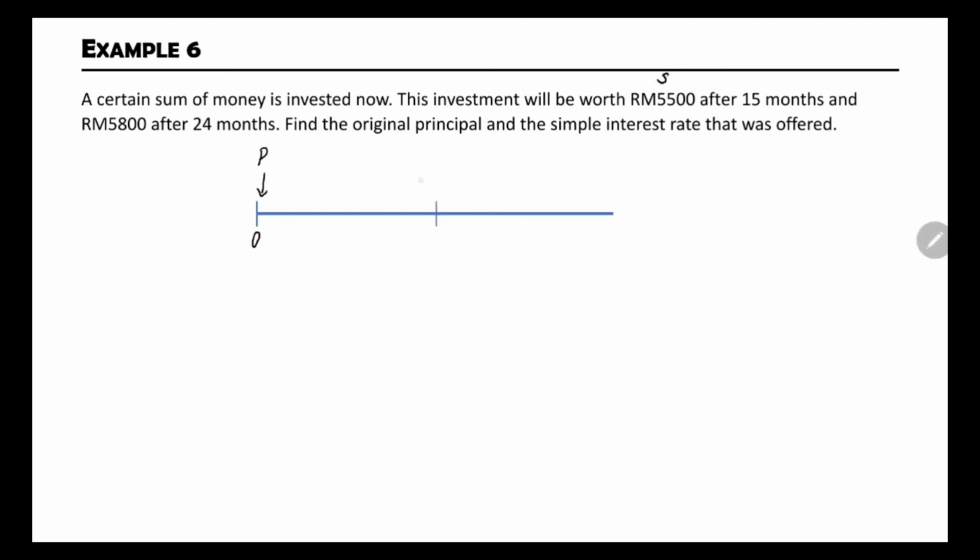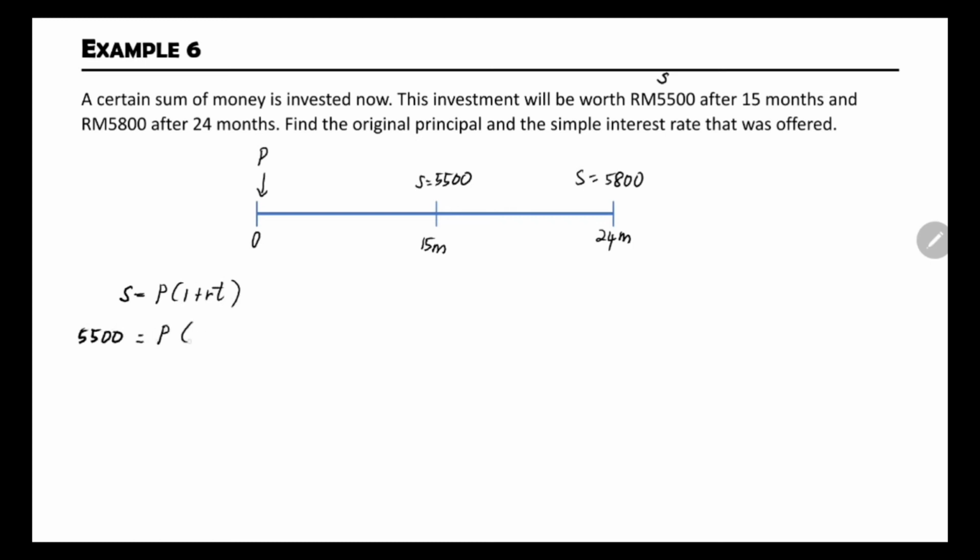This is S. S equal to 5,500 after 15 months and equal to 5,800 after 24 months. And we need to find P and R. So let's use the formula for S. S equal to P(1 plus RT), where S is 5,500.